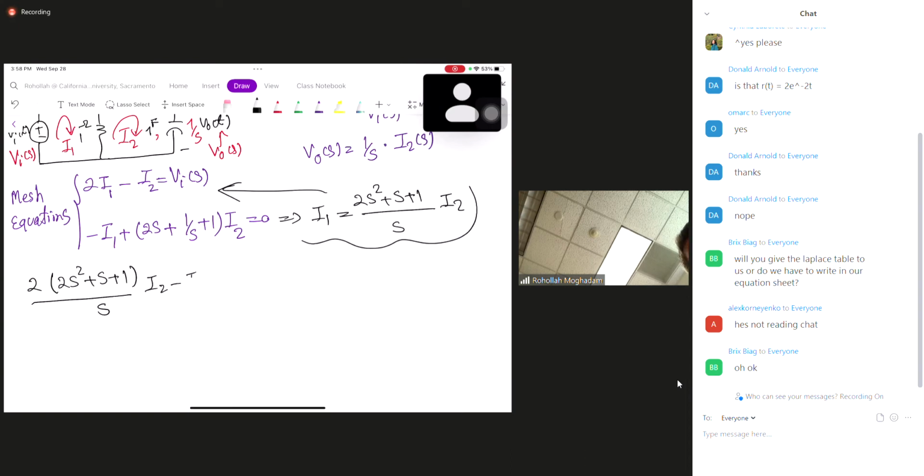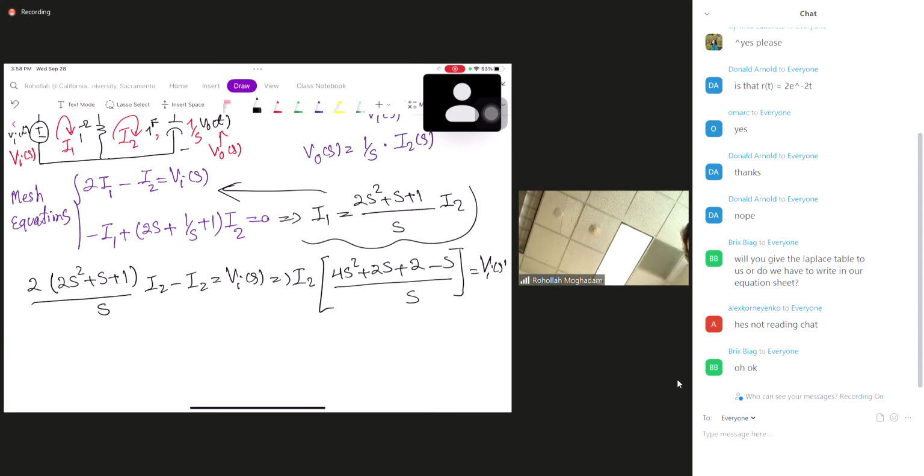I2 minus I2 equals VI of s. Then if I take I2 out, I will have 4s squared plus 2s minus 2 minus s plus 2 minus s over s equals VI of s, right?